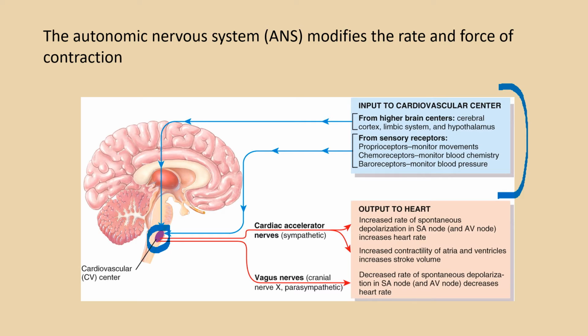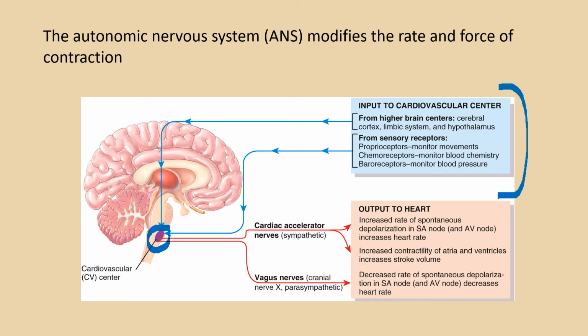All of these sensory inputs are transmitted to the cardiovascular center, which combines them, analyzes them, and determines whether a motor output is required. The motor output, sympathetic or parasympathetic, will influence how fast and how hard the heart beats.